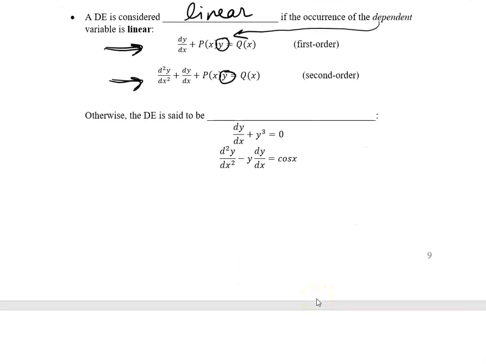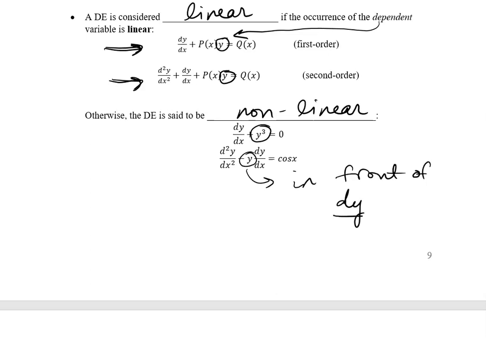Otherwise, the differential equation is said to be nonlinear. So these are two examples here where you have nonlinear differential equations. This one because you've got the y cubed term. This one, a little bit tricky here, but this is nonlinear, and the reason is that this is in front of the derivative term, the dy dx term.